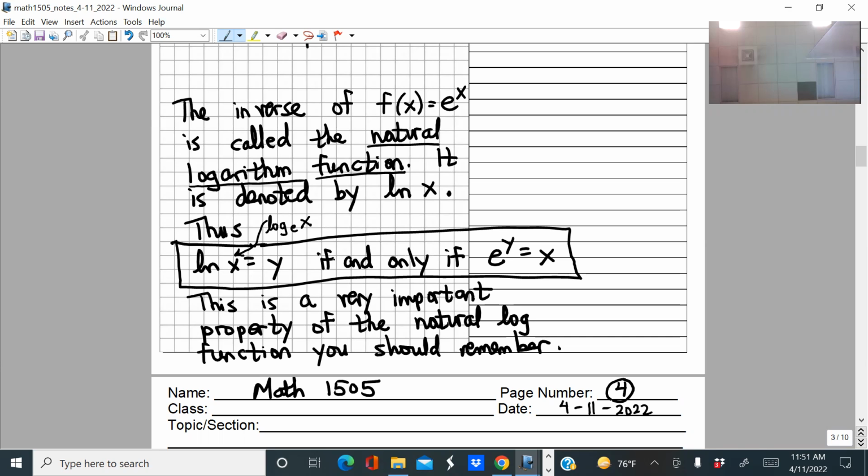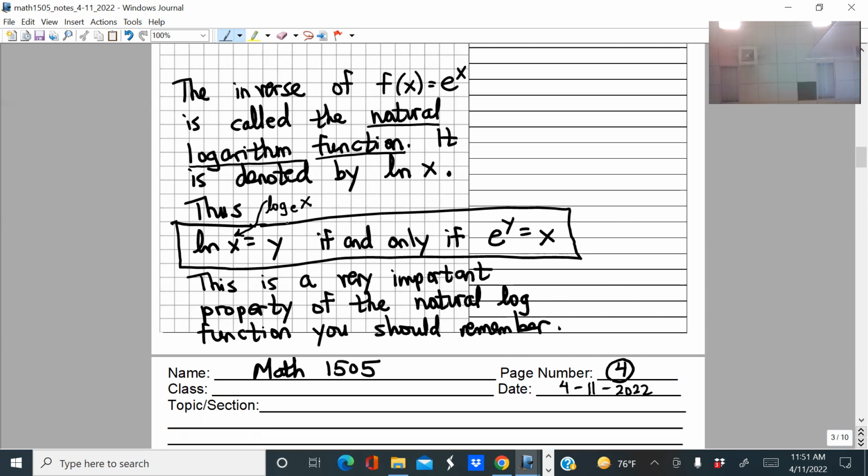Forgetting this fact is what causes students all sorts of grief when they're dealing with natural logarithms. So you want to remember this. Now I'll tell you what this means in just a moment, what I have scribbled in there as a note.